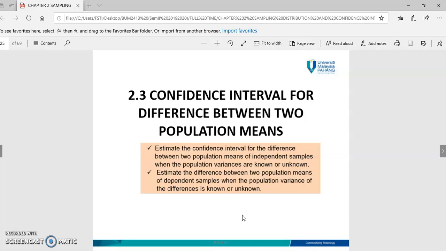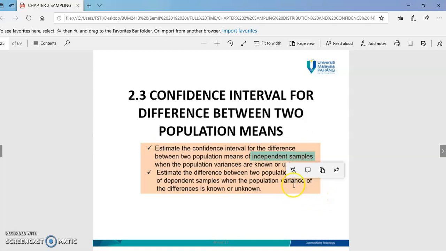So what is the difference between independent and dependent samples? For the two population means we have two cases here. The first one is independent sample and the second one is dependent sample. Independent sample means that you have two different data from two different populations.